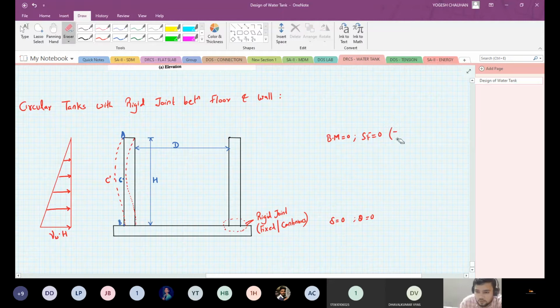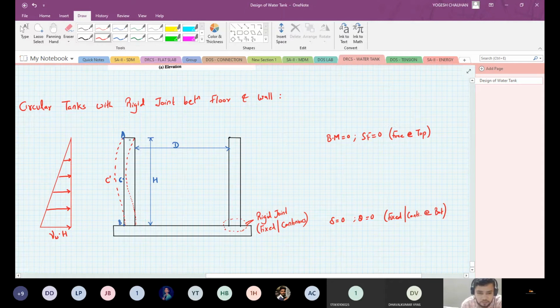This is for free at the top and fixed or continuous at the bottom. Since this is fixed at the base, the deflection will be zero and slope will be zero. You can see the deflected shape, the deflection is zero and slope is zero.